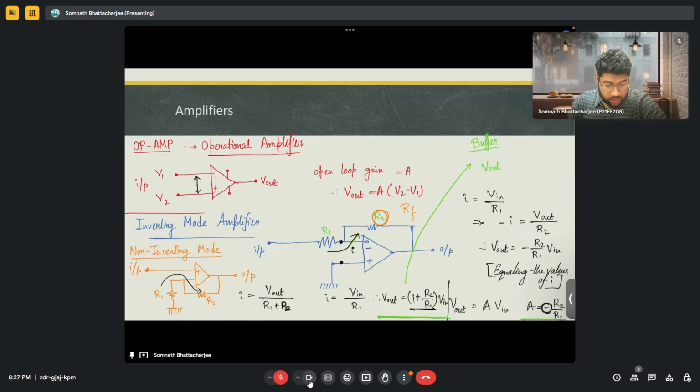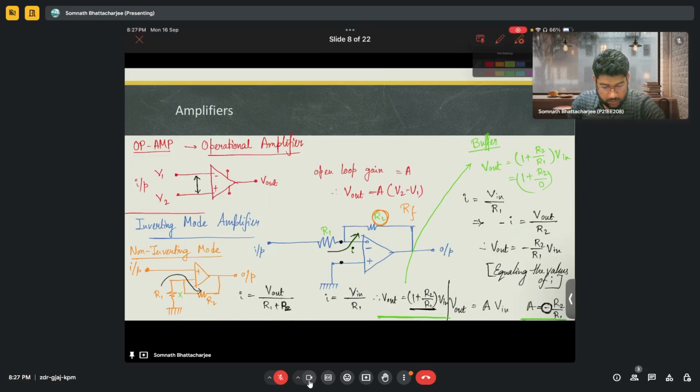V output will be 1 plus R2 by R1 into Vin, right? Now in that case, there was no R1, so it will look like 1 plus R2 by 0. Not like this, but it will negate the effects.